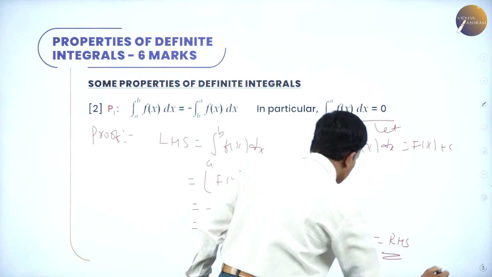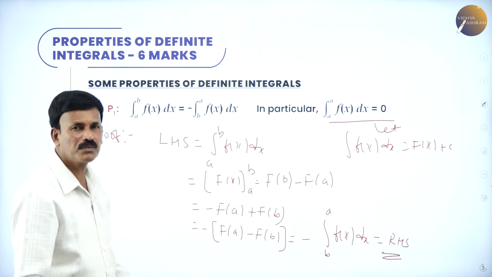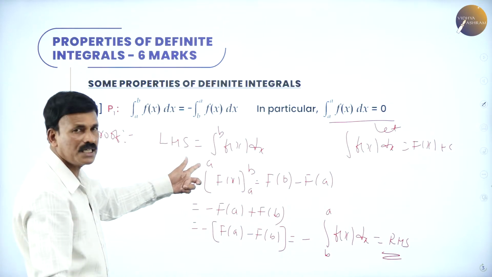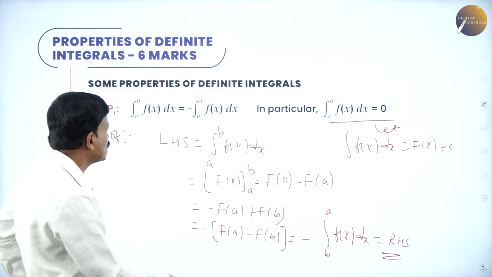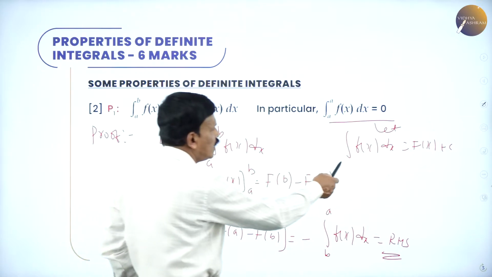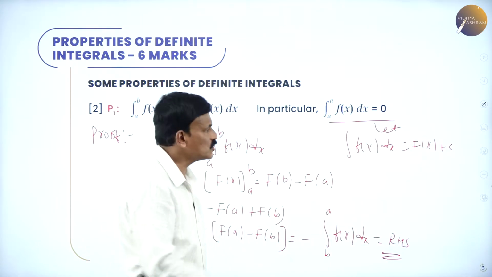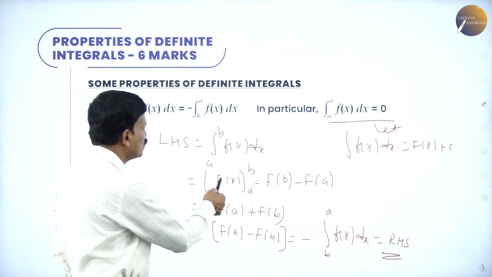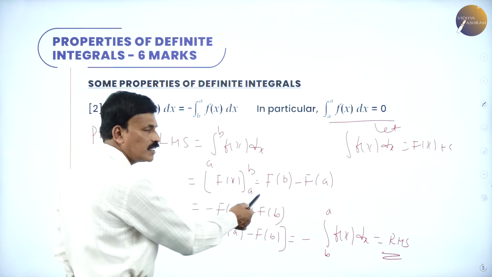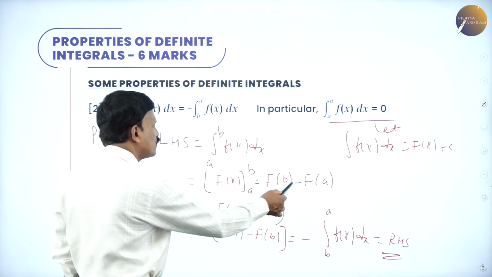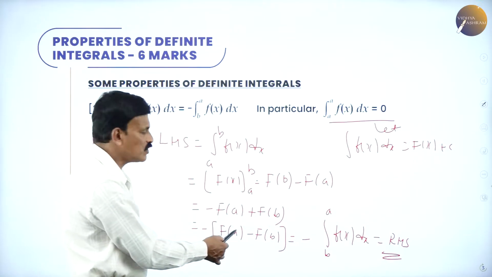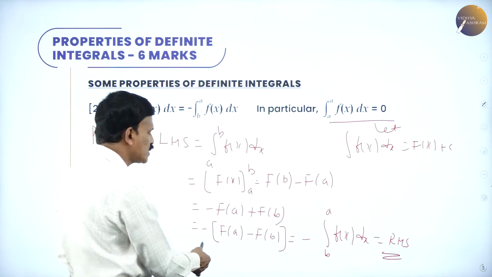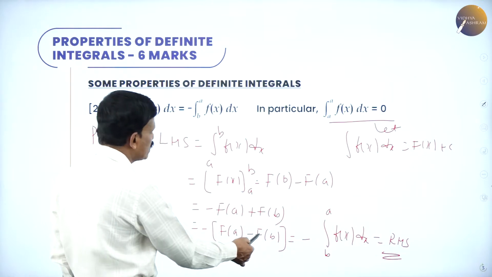That's it. Listen to me, very simple property. Let us take LHS: integral a to b f of x dx. Integrate it. Let the integral of f of x dx be equal to capital F of x plus c. So F of x between limits a to b, apply the upper limit: F of b minus F of a. This can also be written as minus of F of a plus F of b. You can take minus out: minus of F of a minus F of b.